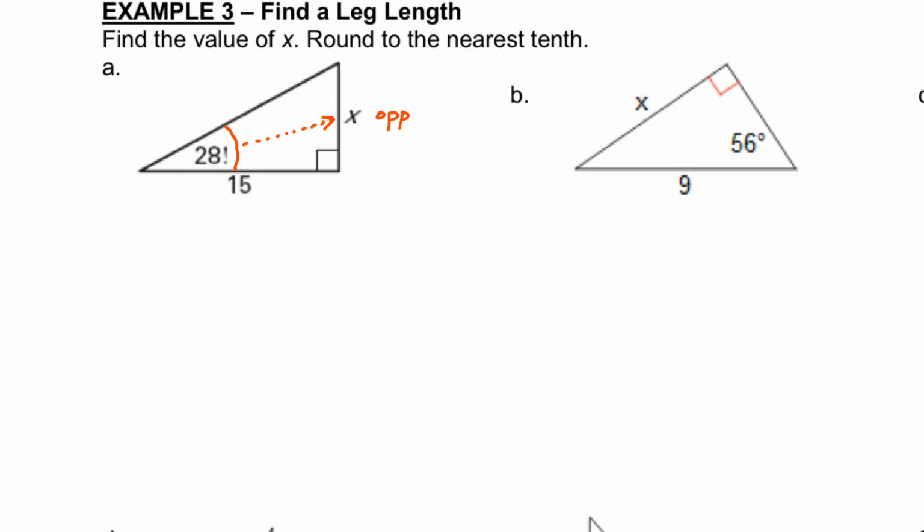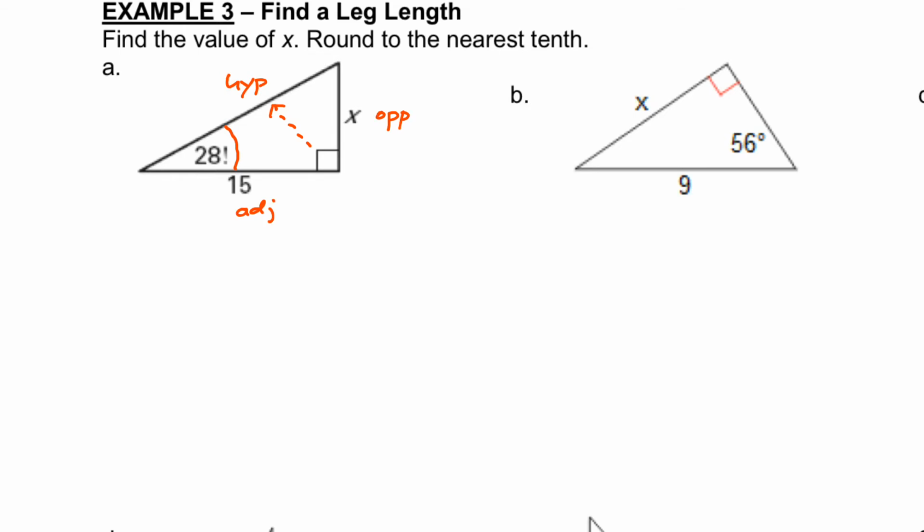And then the 15 at the bottom is going to be the adjacent side length. And then across from the 90-degree angle, we have the length of the hypotenuse. So we always do that first: mark your angle, and then with respect to that angle, label your 3 sides as the opposite, the adjacent, and the hypotenuse.